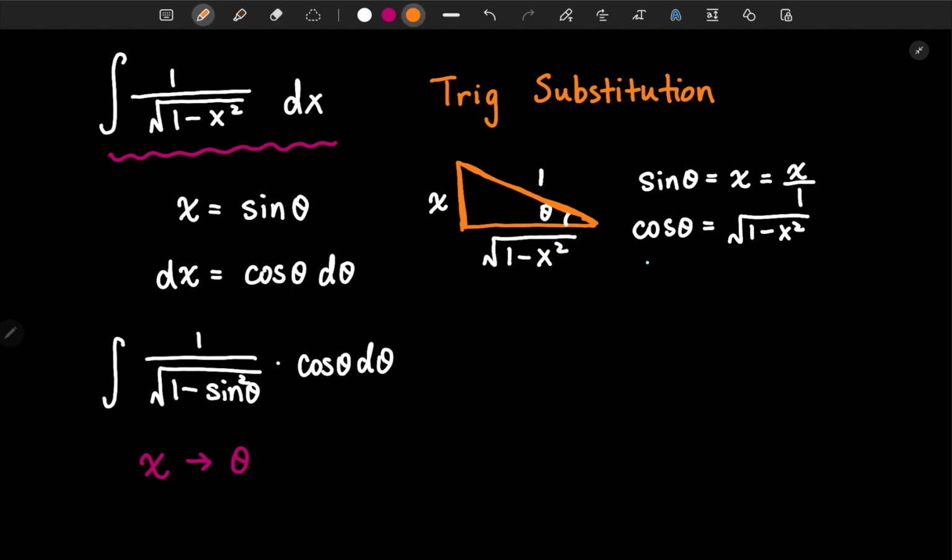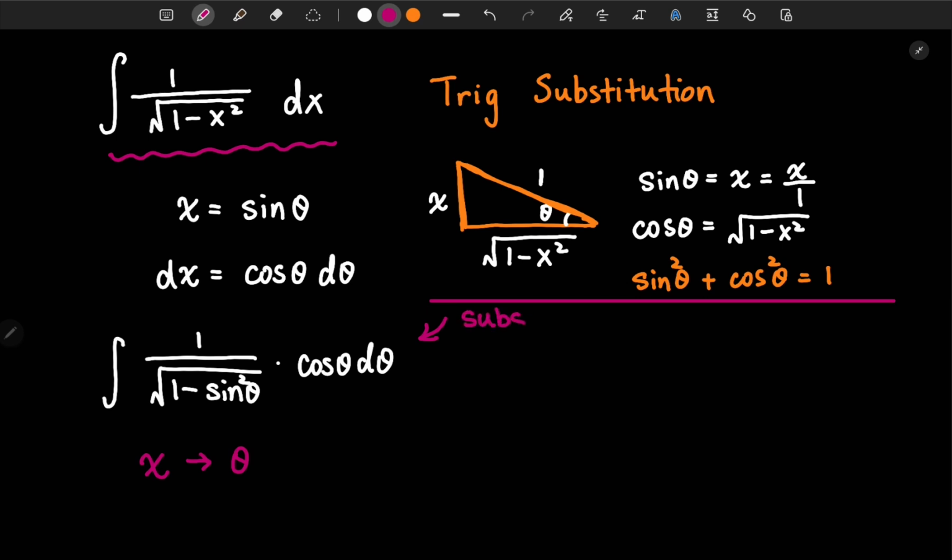Based on the right triangle trig identity, we also know that sine theta squared plus cosine theta squared is equal to 1. Now we have our relationship between x and theta in the same triangle. Let's substitute it back into our original integral.